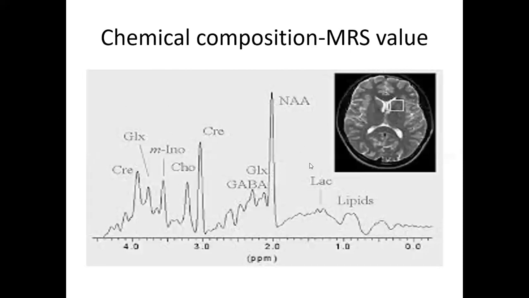Chemical composition and MRS value. We can measure the chemical composition, mostly choline, creatine, NAA, lactate, lipid and alanine.